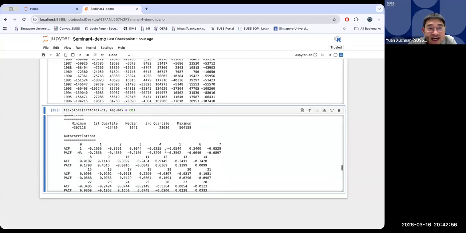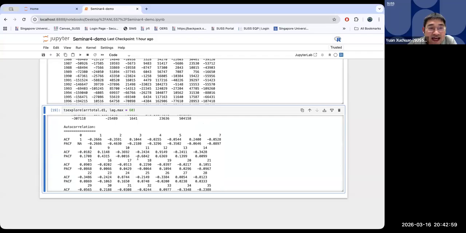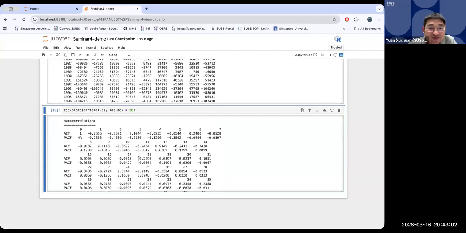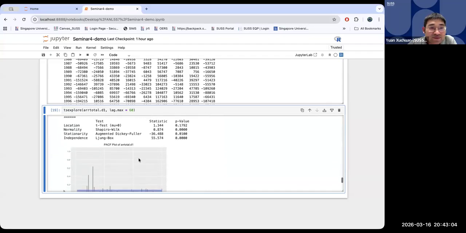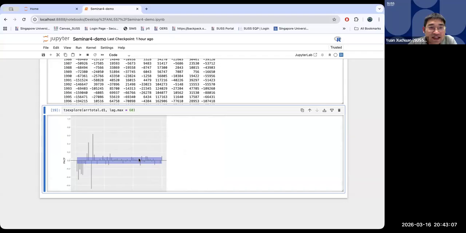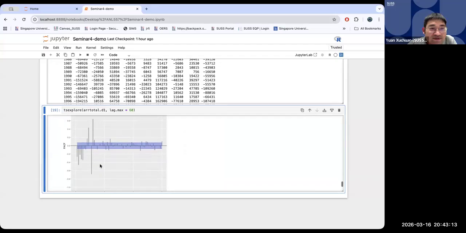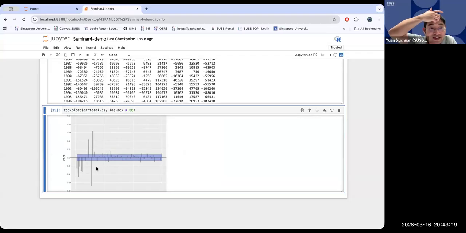These are the autocorrelations at certain lags, so it's a very big value, right? And if you look at the PACF, again, you can see it is definitely not zero, very big, beyond this two standard deviation area, or the 95% confidence interval. And the ACF for many lags is still significantly different from zero.